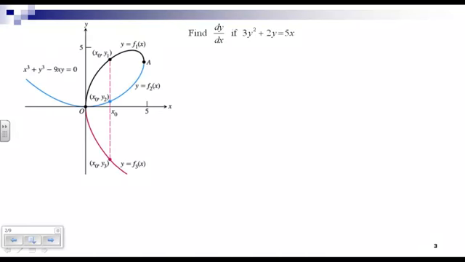That was explicit. Even when we were parametric, x was a function of t, and y was a function of t. I explicitly said so. We did a bunch of things where everything was explicit. Now we have to go to the world where implicit rules the day.